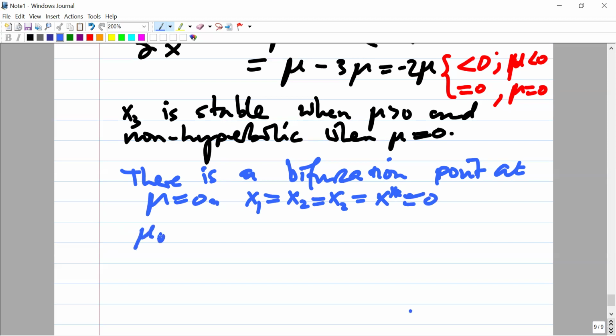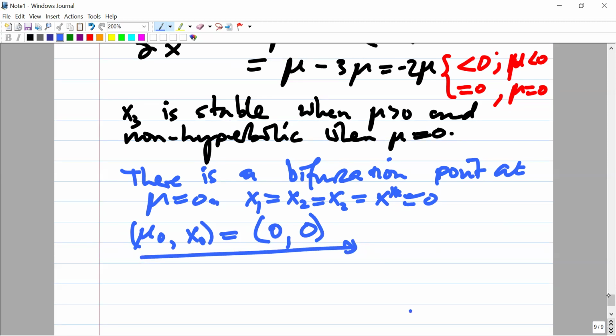So the bifurcation point, let me just call it mu naught, x naught, where x naught is x star, is actually equal to 0, 0. So all the 3 points meet at 0, 0.